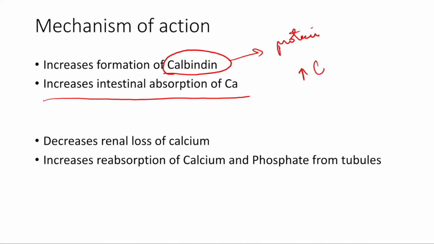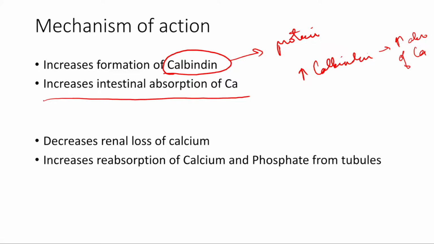The more calbindin you have in your gut lining, the more absorption of calcium. It's directly proportional. Calbindin is only a protein. It is not a hormone which affects calcium metabolism in any way. It just is a protein that picks up calcium from the gut and brings it to the bloodstream. So vitamin D increases the formation of calbindin and therefore increases the intestinal absorption of calcium.